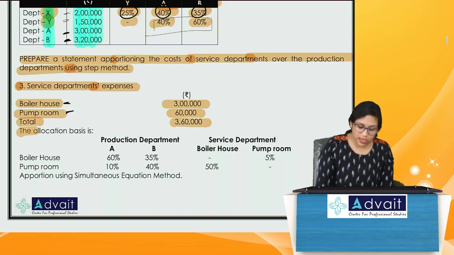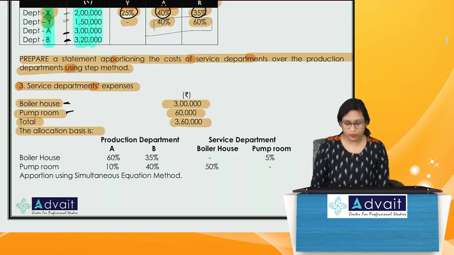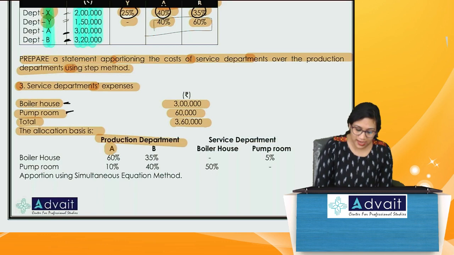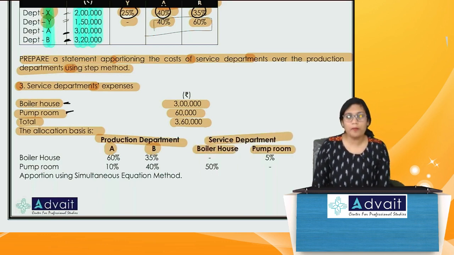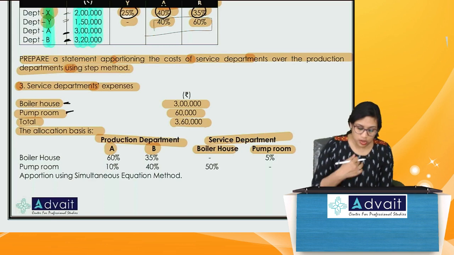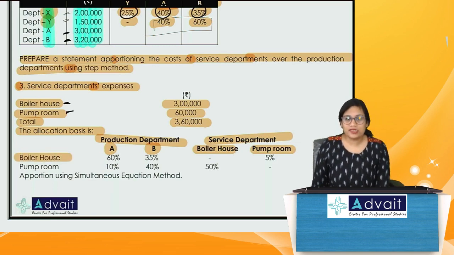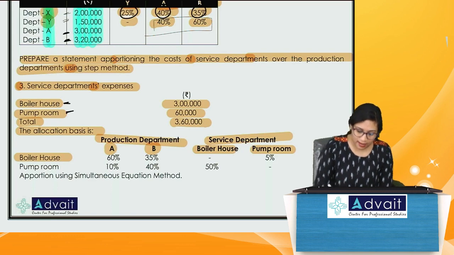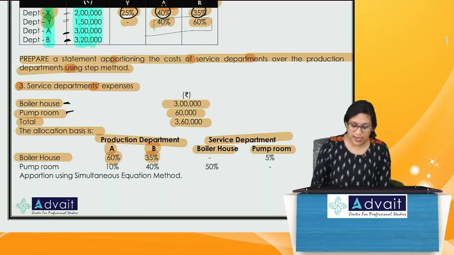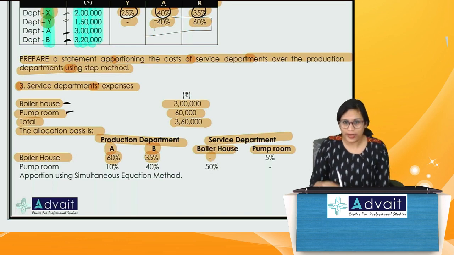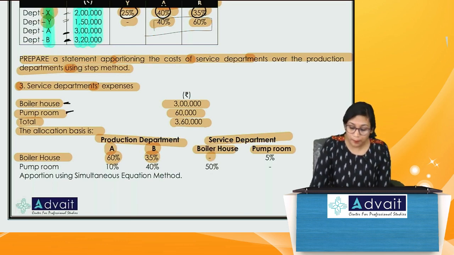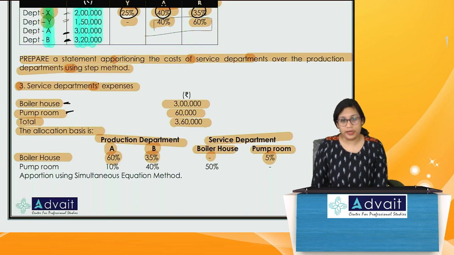The allocation basis is production departments are A and B, service departments are boiler house and pump room. Okay, so now see, boiler house will allocate its expenses to A 60%, B 35%. Boiler house will not give anything to itself, but to pump room it will give 5%.